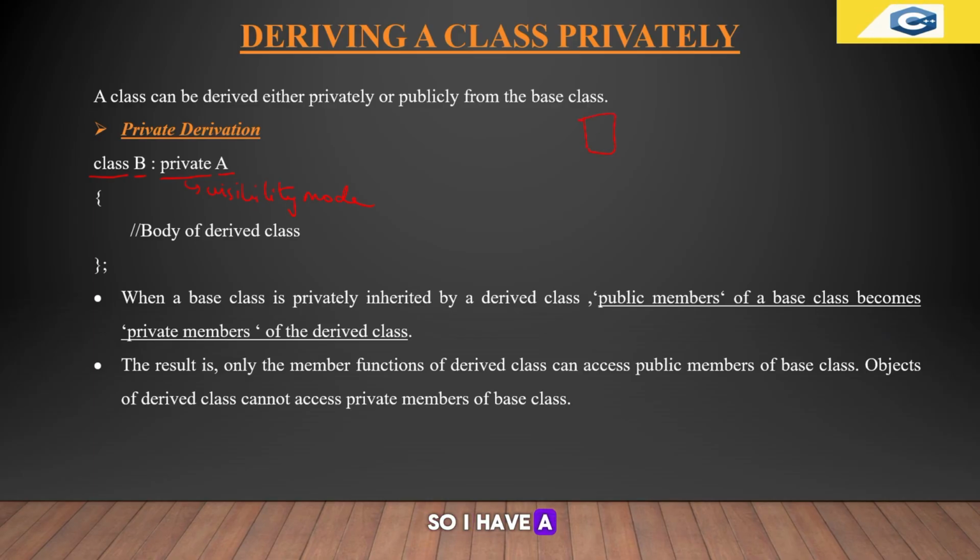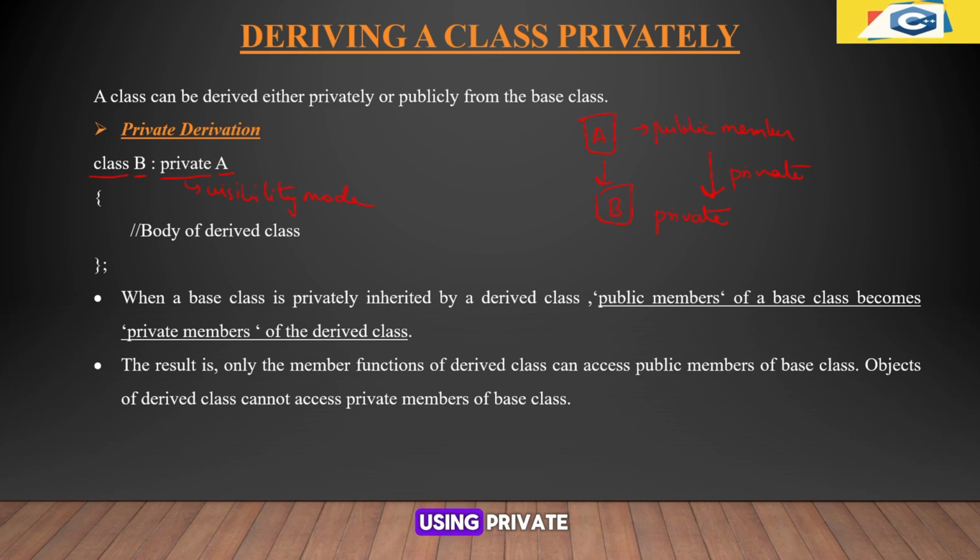So I have A, I have B. Now, if I am inheriting the public members of the base class privately, all the members will become private in the derived class. It means I am giving a sort of restriction on accessing the data of the base class in the derived class by using the private visibility mode.